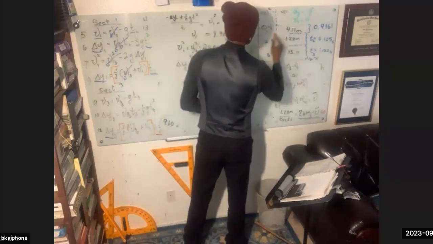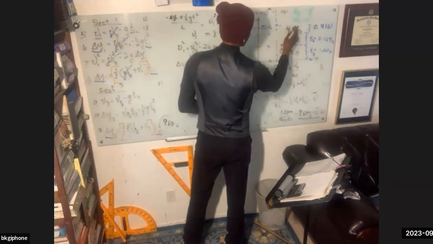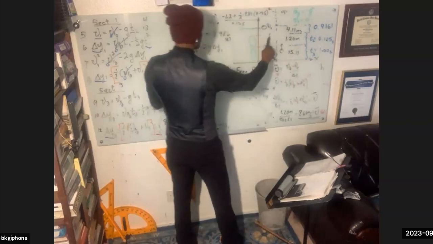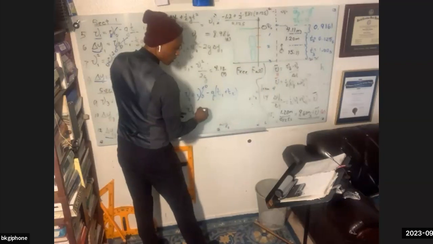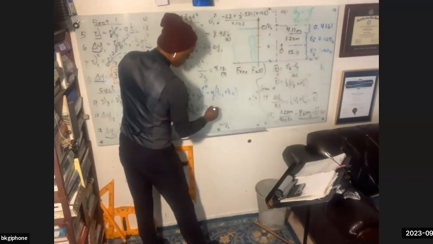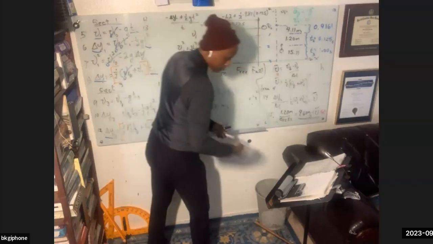Position 0 is the top of the building, position 1, position 2, and down here is position 3. I'm going to store that.